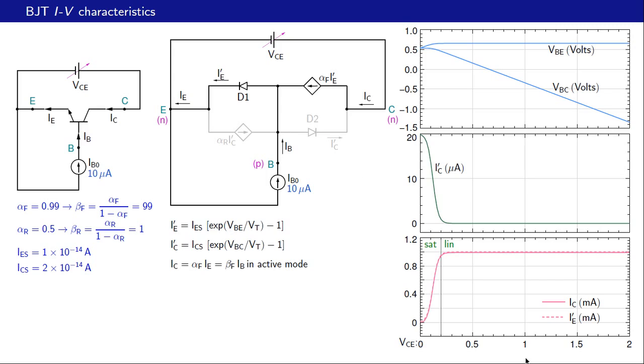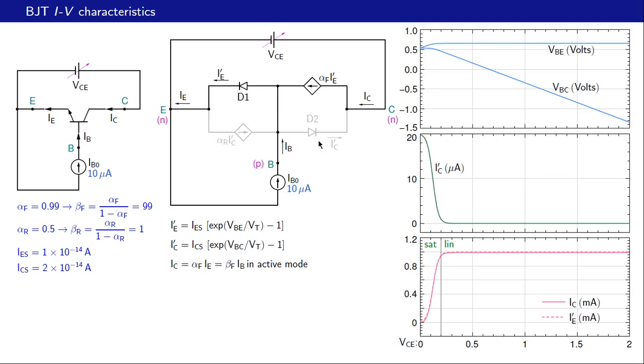Let us look at the various quantities of interest at a specific value of VCE, say VCE equal to 1 volt, and let us start with the junction voltages. Here is VBC, and for VCE equal to 1 volt, VBC is about minus 0.3 volts.